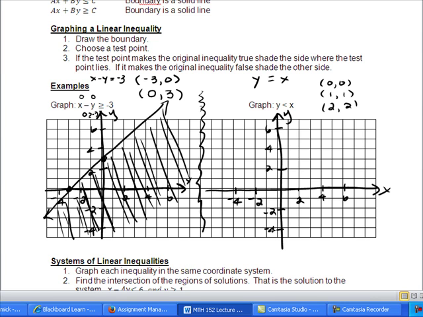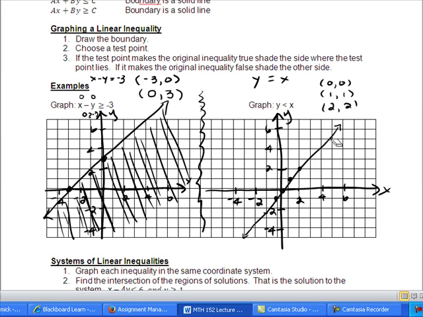Now as I look at this, I see y is less than x. That means I need a dotted line. So let's make it look dotted. Okay, so we have a dotted line.